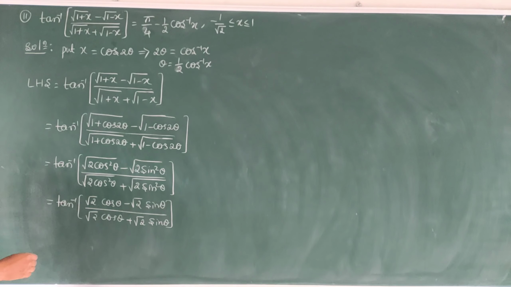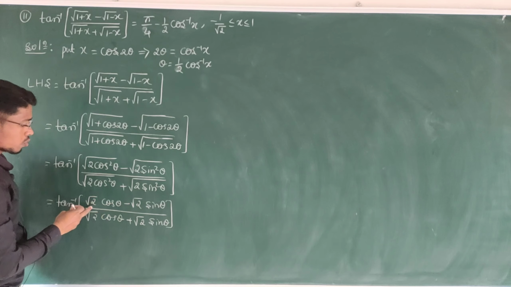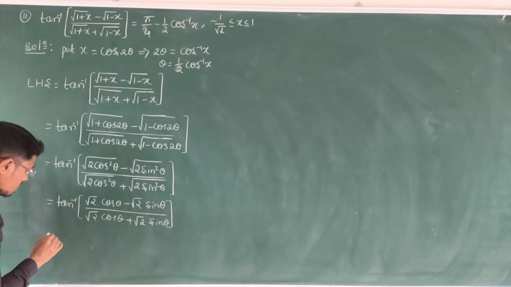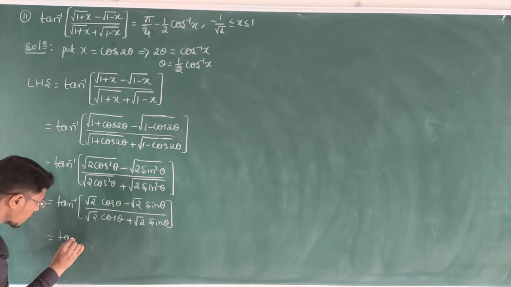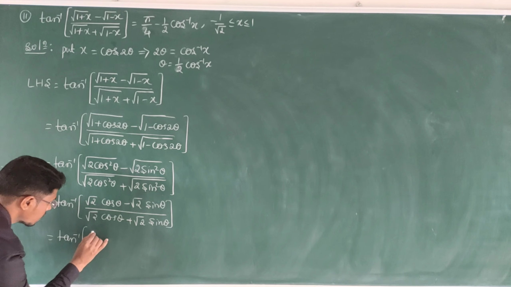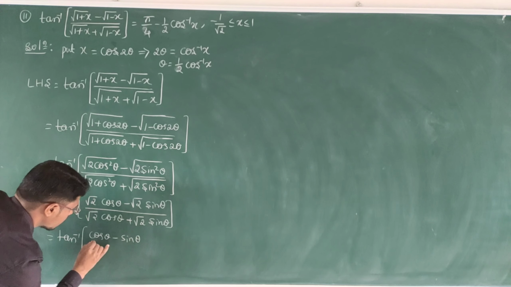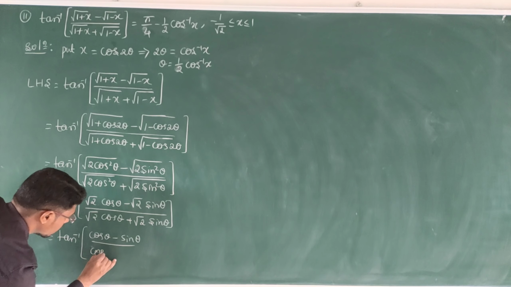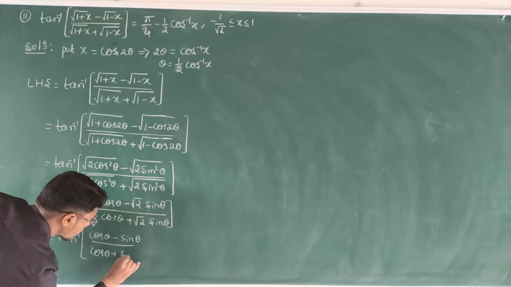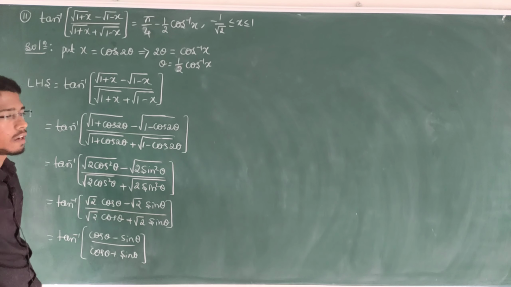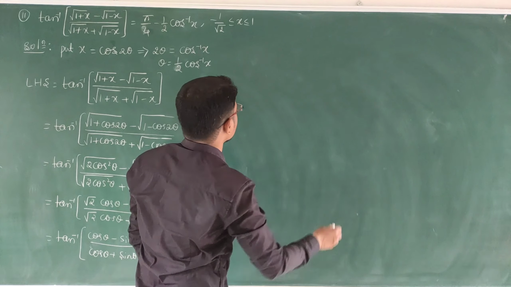Now take a common root 2 in the numerator and denominator, they cancel each other. So this is equal to tan inverse of cos theta minus sin theta divided by cos theta plus sin theta. Now divide numerator and denominator by cos theta.